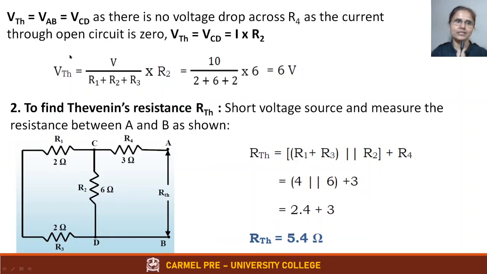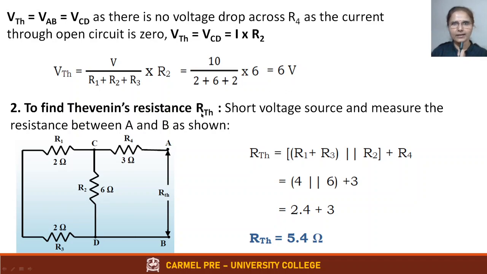So that is what is given here. See, VThevenin is nothing but VAB, which is nothing but VCD, as there is no voltage drop across R4, as current through the open circuit is 0. VThevenin is equal to VCD, which is equal to I into R2. I is V divided by all the 3 resistors in series, multiplied by R2. So that is equal to 6 volts.